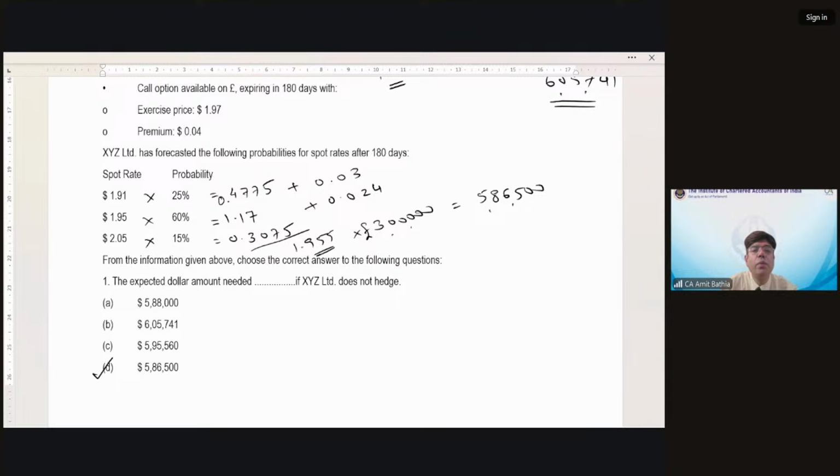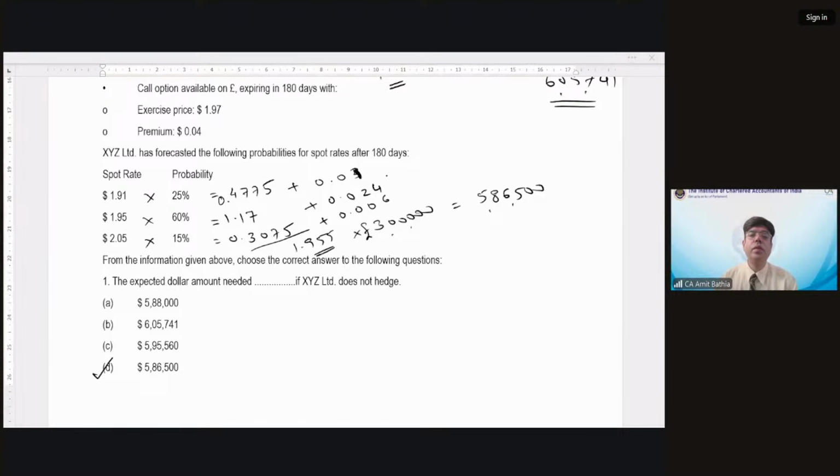Here it has to be 4 into 25%, so that will be 1 cent. And then I will have over here 4 cents into 15%, which comes to 0.006.